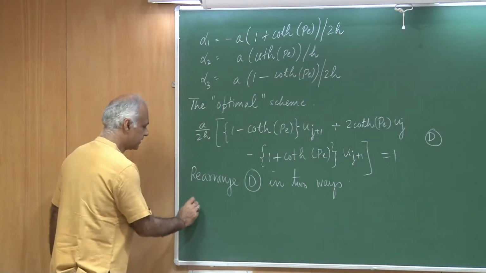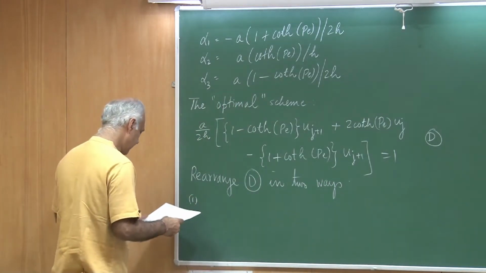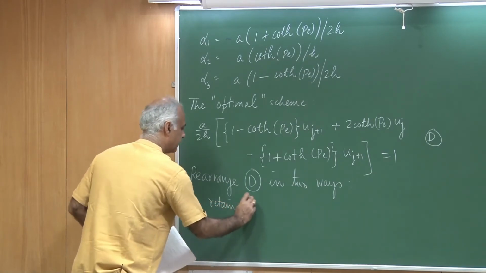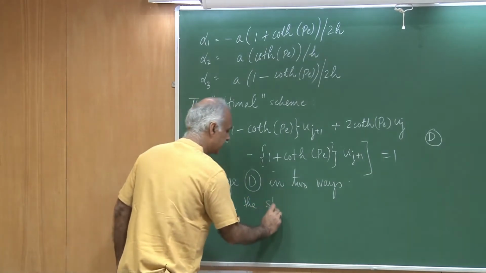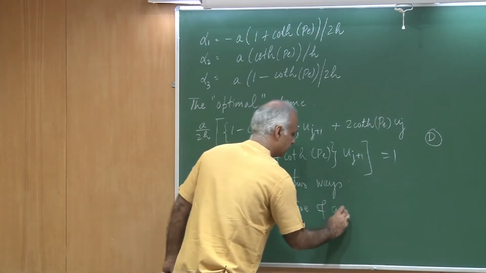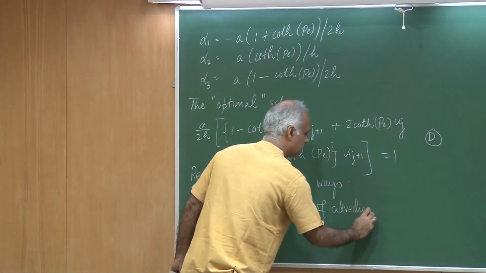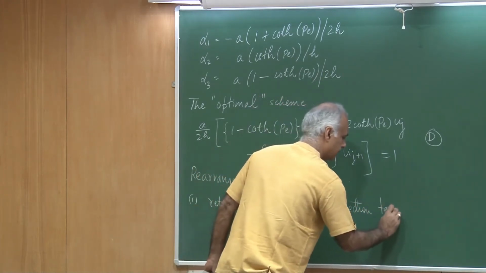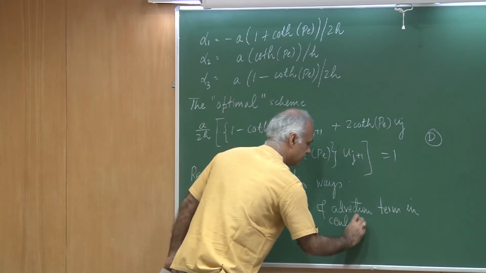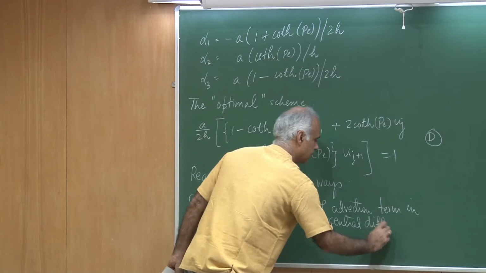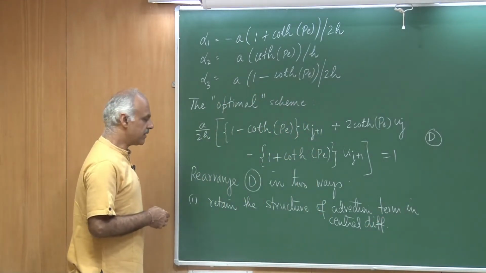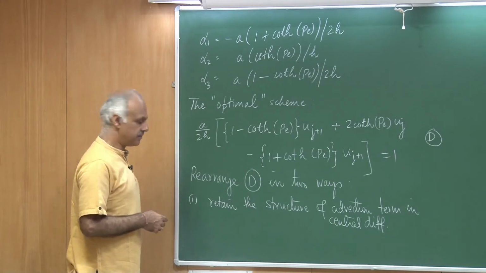The first way is that we will retain the structure of the advection term in central difference, and somehow change whatever needs to be changed in the diffusion term.